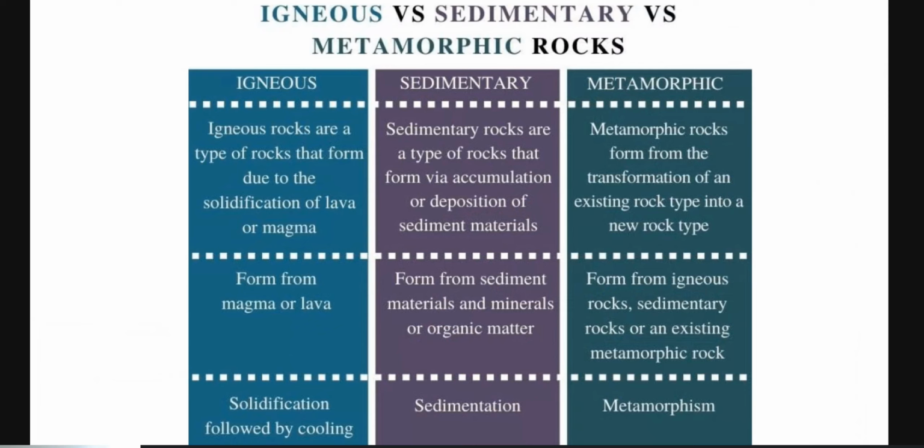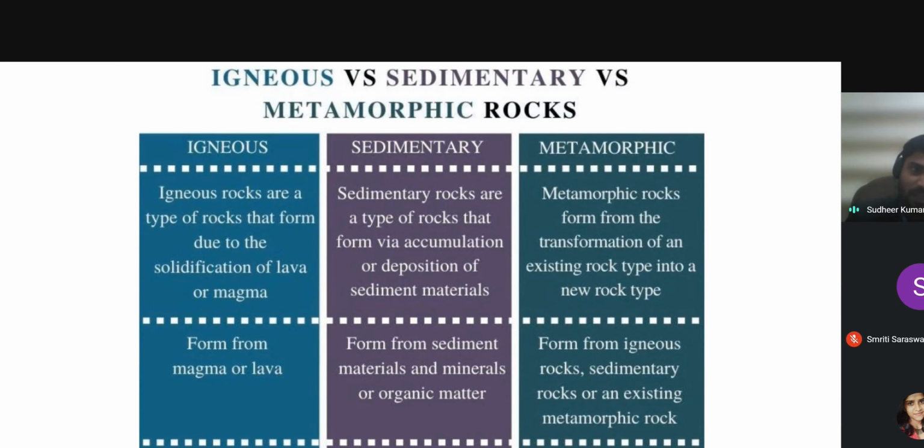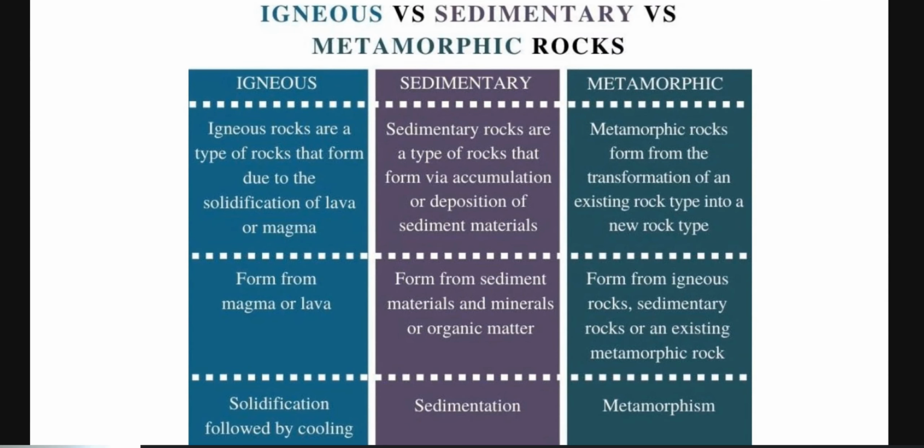So what are the distinctive features of these rocks? We will know from here. Igneous rocks are formed due to solidification of lava or magma, which we have seen in the diagram.